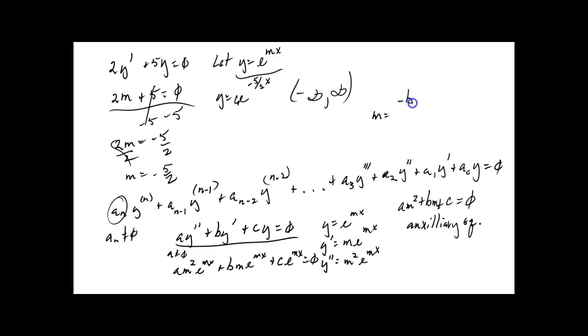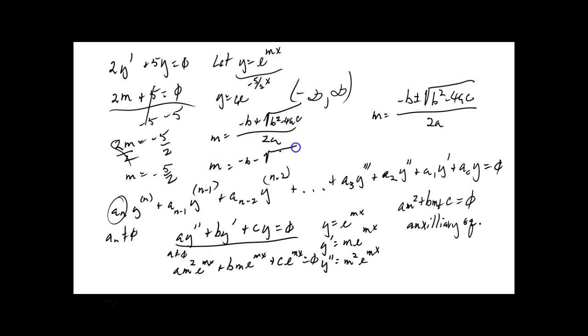Negative b plus or minus the square root of b squared minus 4ac, all divided by 2a. Perfect, perfect, perfect. Okay? Now, that gives you two possible roots. One is m equals minus b plus the square root of b squared minus 4ac over 2a, and the other is m equals minus b minus the square root of b squared minus 4ac over 2a.